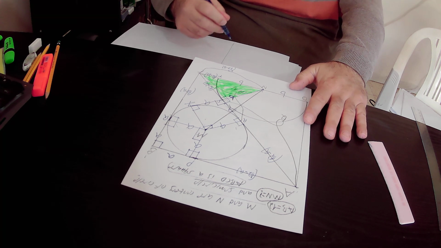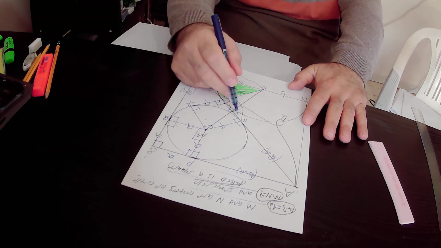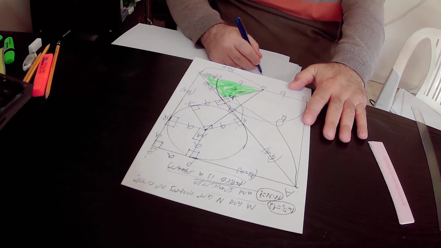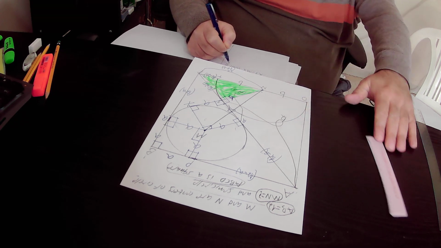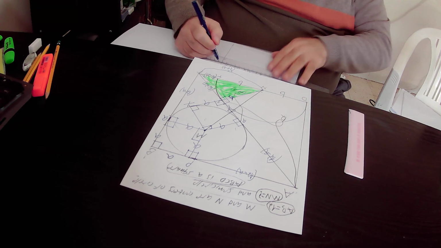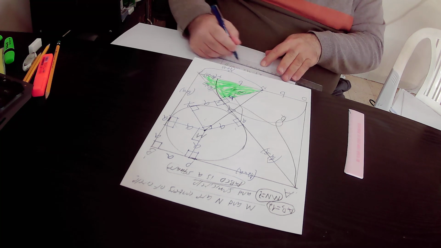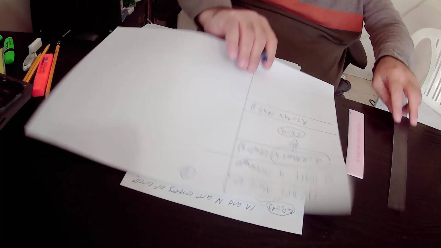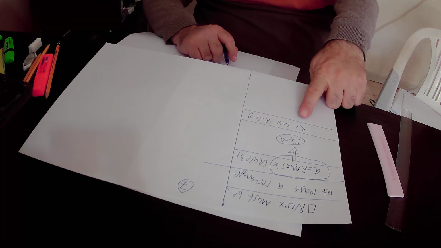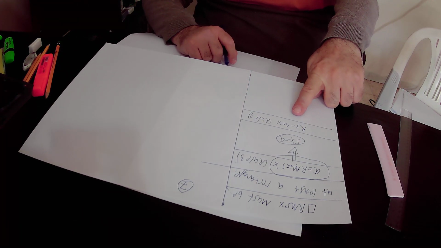Likewise, according to rule number 3, MX must be equal to RS, or RS equals MX.